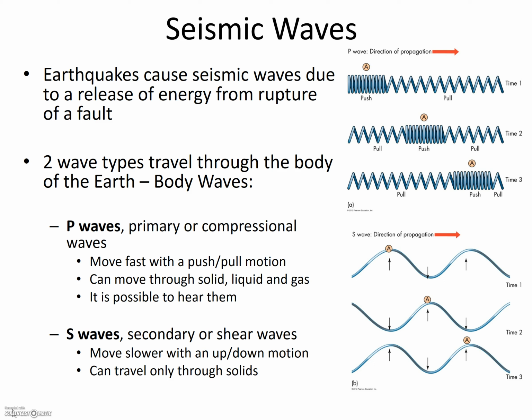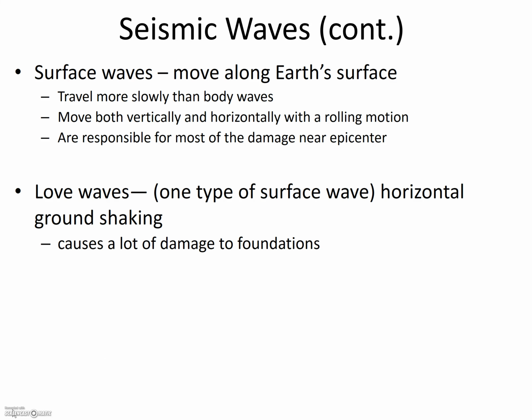S waves move slower with an up and down motion, as seen in this wave image, and can travel only through solids. In contrast to body waves, surface waves move along Earth's surface.